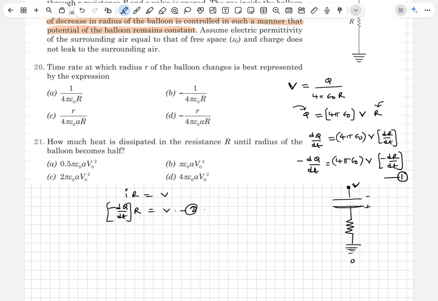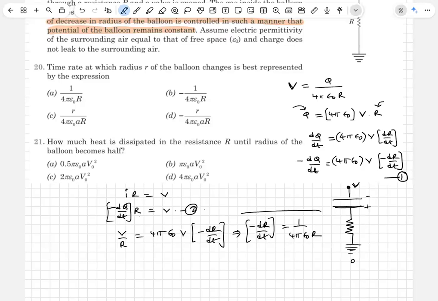So what I have is V by R is 4 pi epsilon naught V times minus dr by dt, which can further be written as minus dr by dt is 1 by 4 pi epsilon naught R. Boys and girls, two options were there. One is 1 by 4 pi epsilon naught R, the other is minus 1 by 4 pi epsilon naught R.